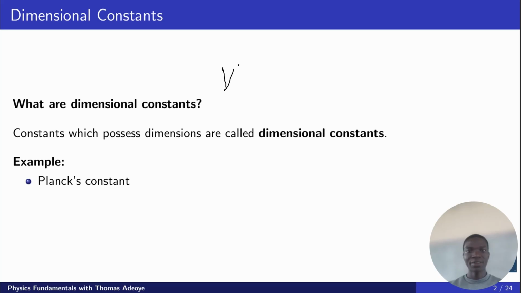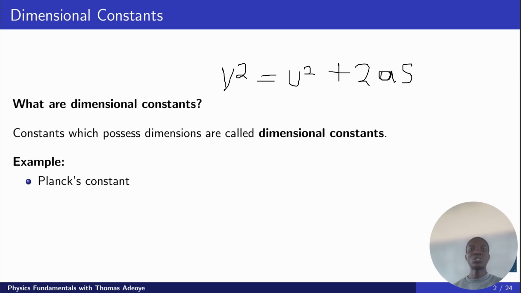So if you look at the equation v squared equals u squared plus 2as, if you watched the last video, I recommend that you do so. One of the applications of dimensional analysis is that we can use dimensions to check for the validity or otherwise of an equation.